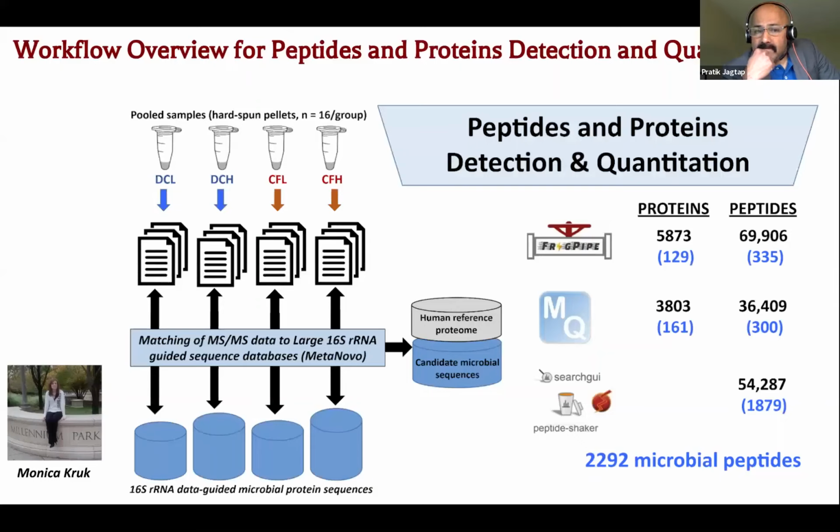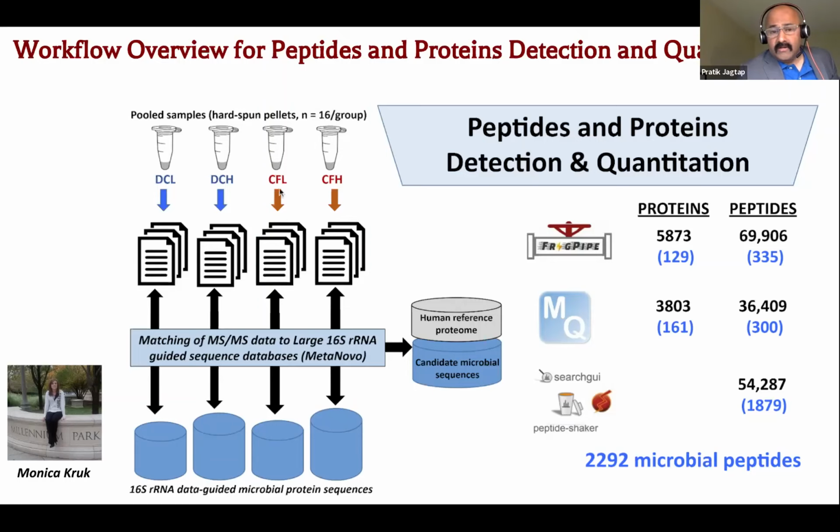So just to give a very basic overview of this particular project, we were interested in looking at cystic fibrosis samples from children, and with our collaboration with researchers in Illinois, we had quite a few samples from both the groups.